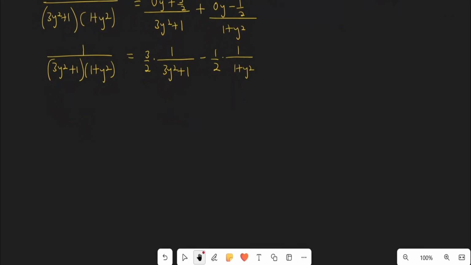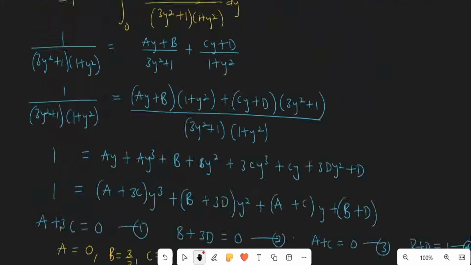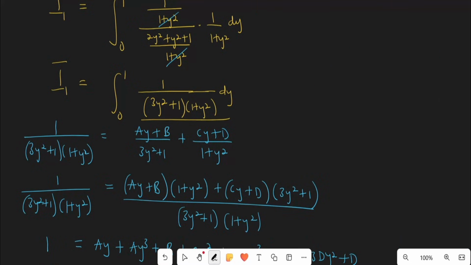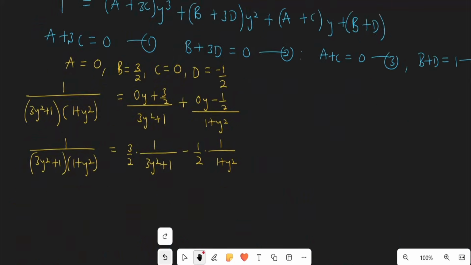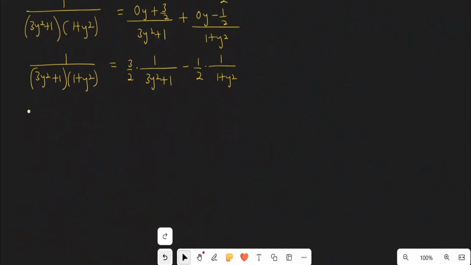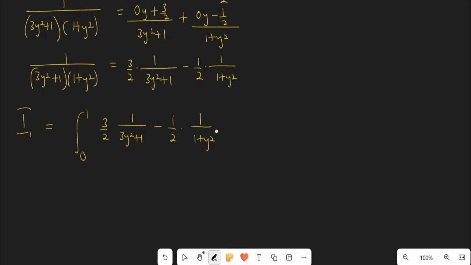Alright, so now we can integrate. So remember, we are now integrating from 0 to 1 of that. So this has now been reduced to this. So our integral I1 is going to be the integral from 0 to 1 of 3 over 2, 1 all over 3y squared plus 1 minus 1 over 2 times 1 over 1 plus y squared, all this one dy.